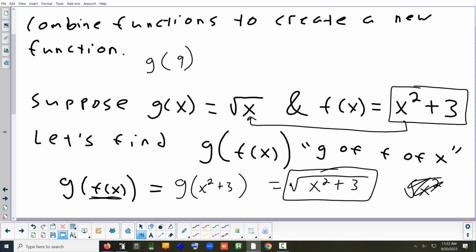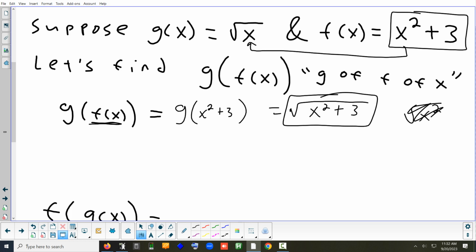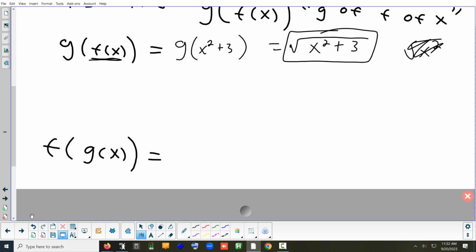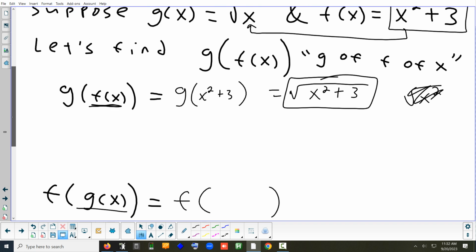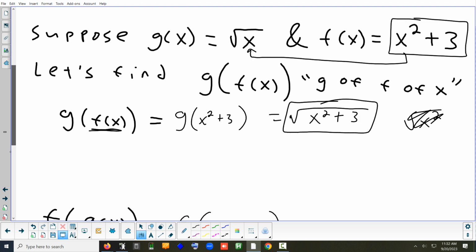Okay, so that's g of f. Now let's try it the other way. f of g of x. So that's f of, and now look up what the formula is for g of x. Okay, what's my formula for g of x? Square root of x.